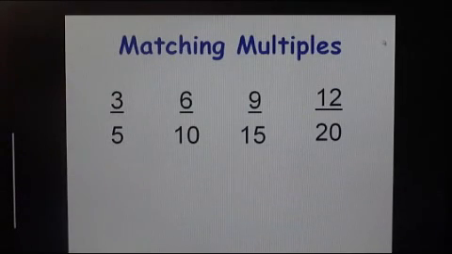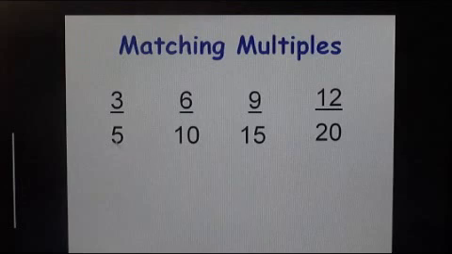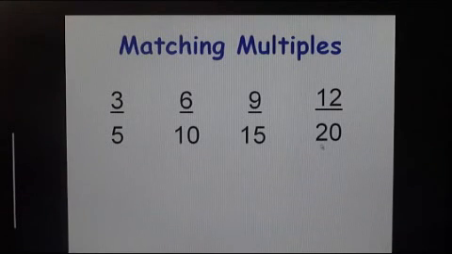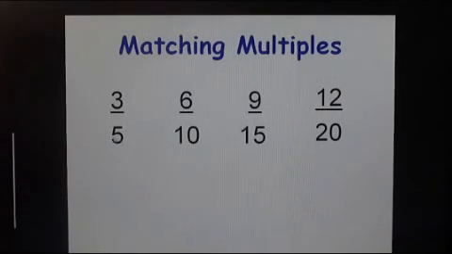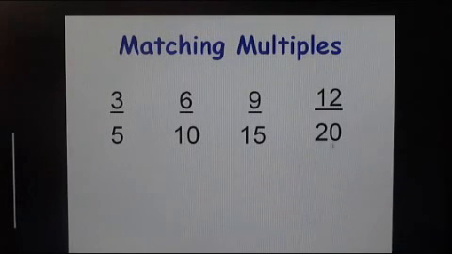Well, matching multiples. Here are those fractions that we just had. There is a multiple relationship between this first fraction, which is in the simplest form that it can possibly be in, and the other fractions that were equivalent or equal to it. You'll notice that the denominator goes by multiples of 5.